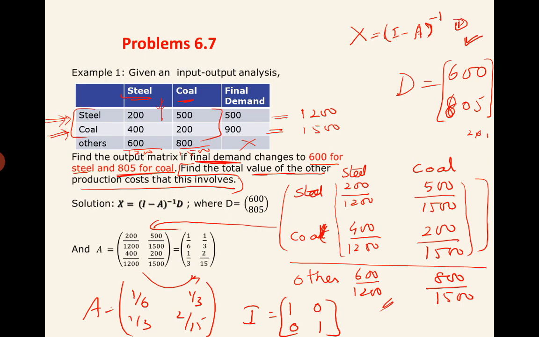Now we know how to add or subtract 2 matrices, and we use this to find I minus A. We will find I minus A and then find its inverse by the reduction method.